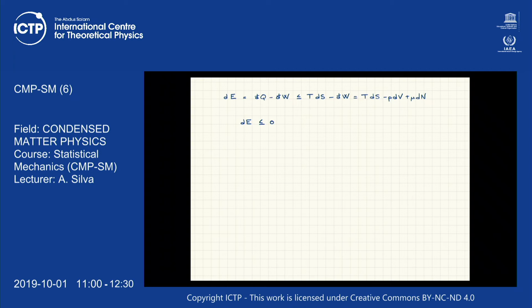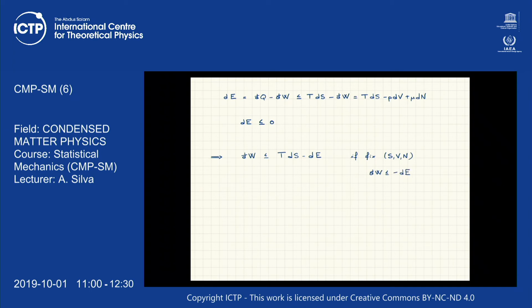Now, another thing that follows from this is that dW, if you rewrite this equation, has to be smaller or equal than TdS minus dE. And therefore, if I fix S, V, and N, then dW is always smaller or equal than minus dE.